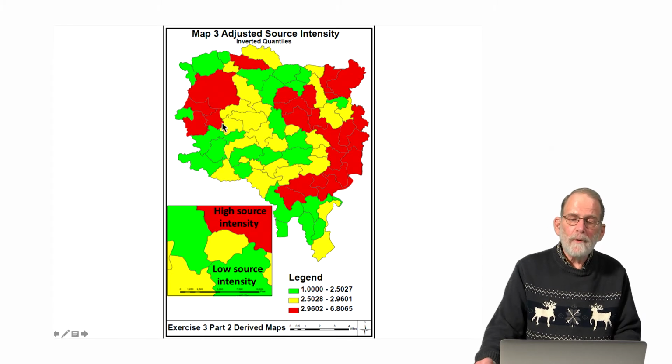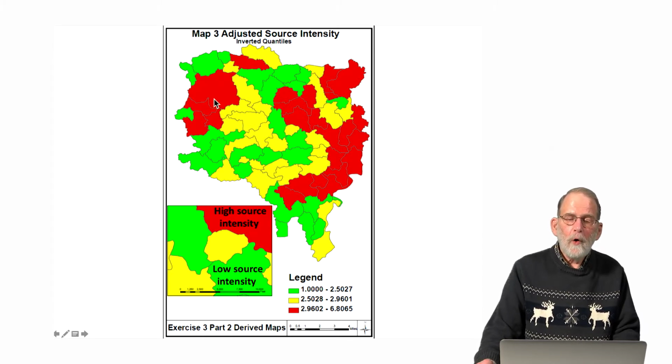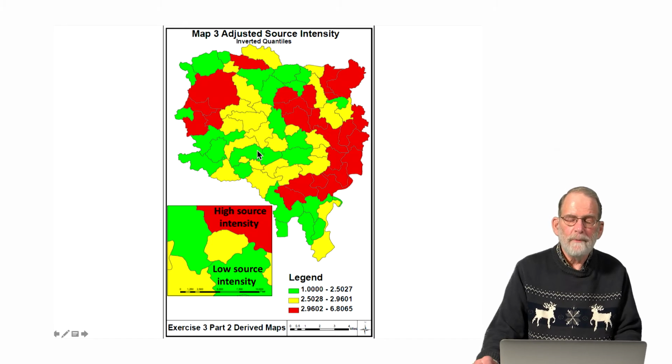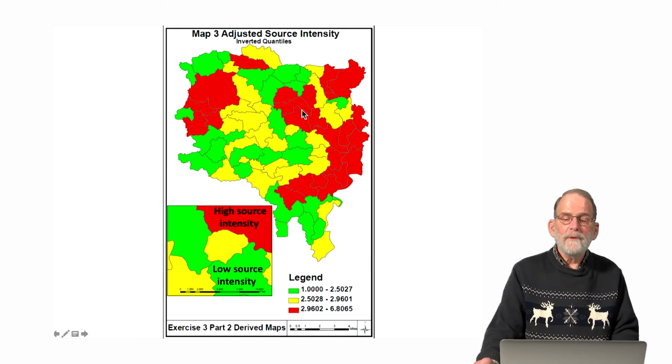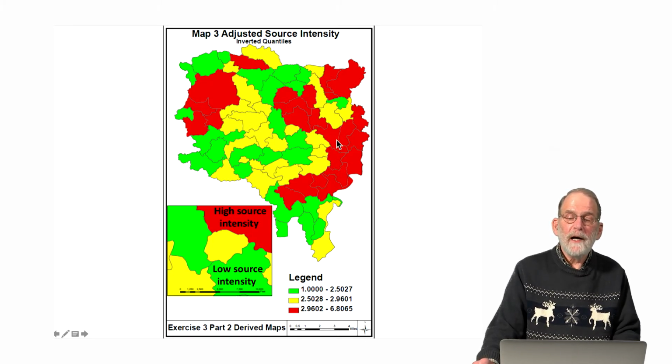And as it turns out, the red areas correlate very nicely with the location of urban areas in the watershed, and the green areas correlate very nicely with the location of extensive tracts of forest in the landscape. So we can see then that in this particular study area, where we have a high level of urbanization with agriculture, we're going to see a high amount of contaminant source generation.